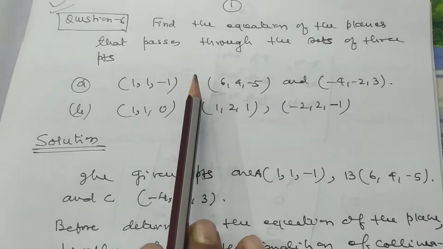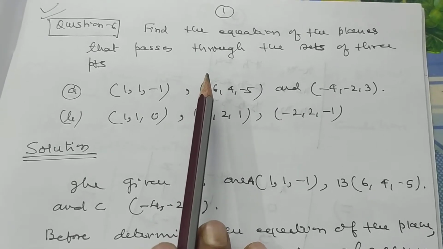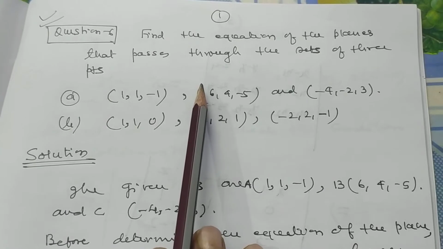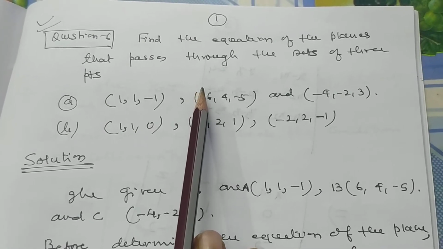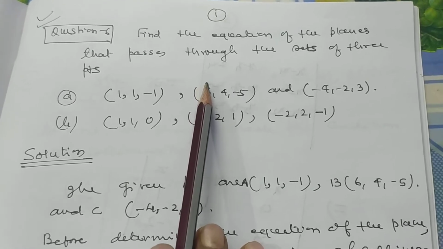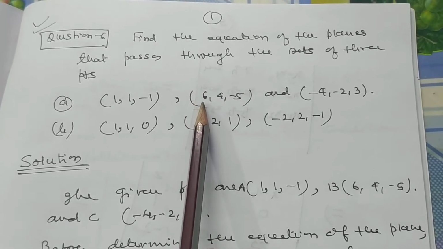My dear students, today I want to discuss the problems of plane which are based on the concept that when a plane passes through 3 non-collinear points, what will be its equation?